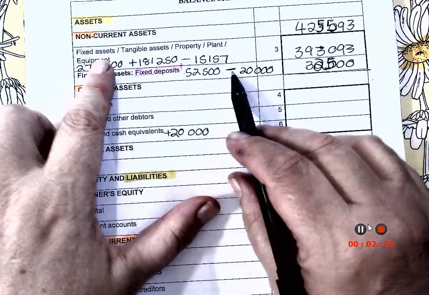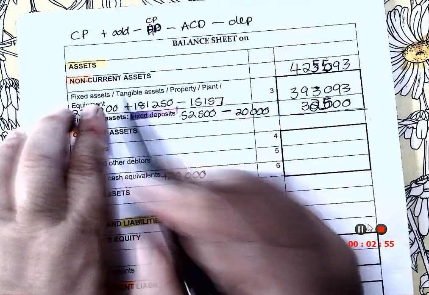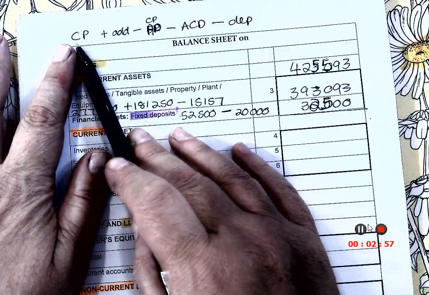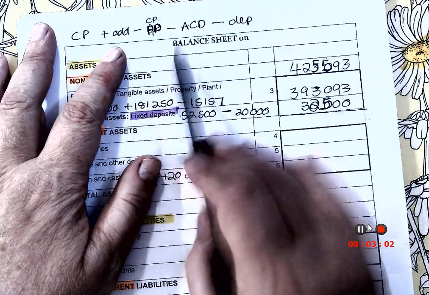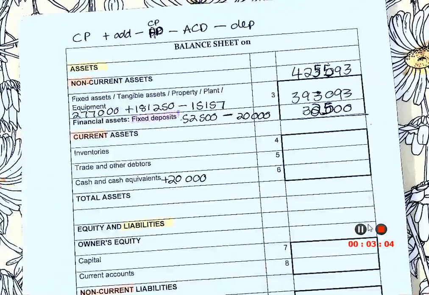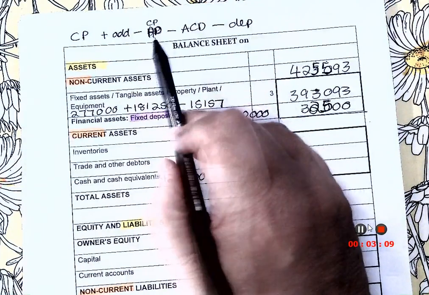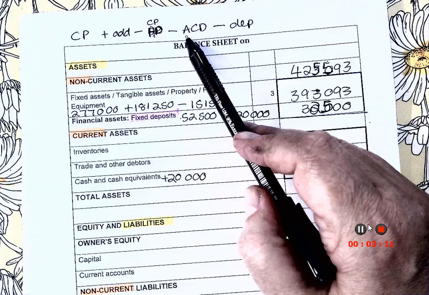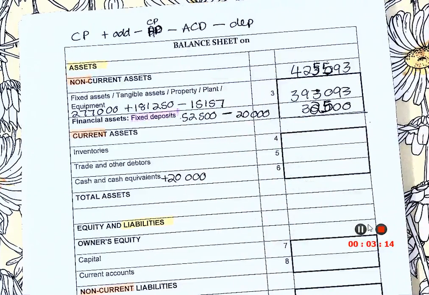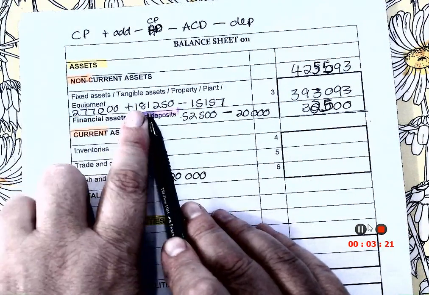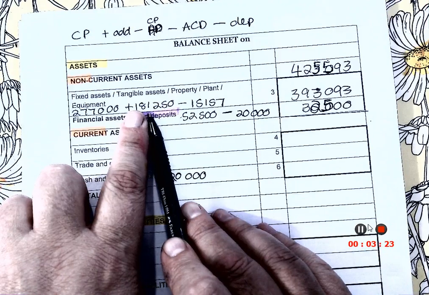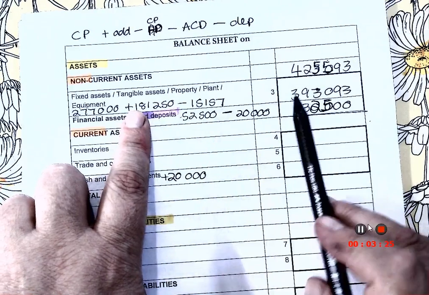My fixed assets, what I want is I want to take the cost price plus or minus whatever happened during the year. In other words, if I had an addition or a disposal, but remember the cost price. Then I want to subtract the accumulated depreciation and the depreciation. Okay, so cost of land and buildings, cost of equipment, vehicles, accumulated gives me.